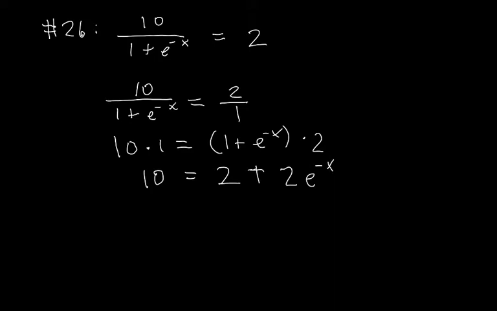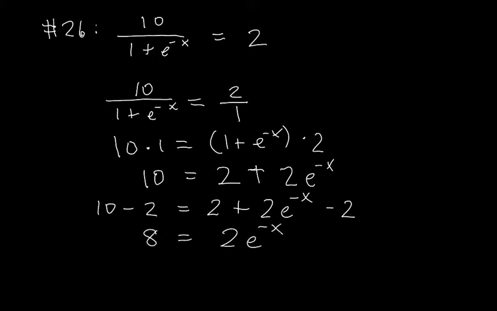Then what we need to do is again isolate the exponential term, so we can subtract 2 on both sides. And we see that this and this add up to just a 0. So we have 2e to the negative x remaining.